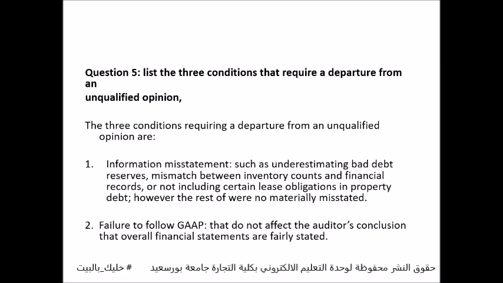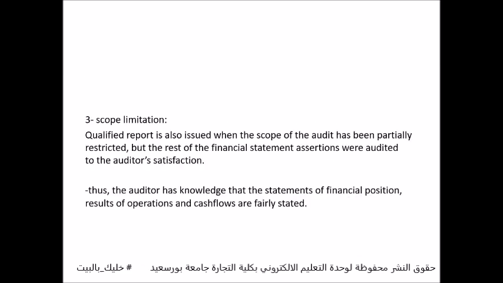Number 2, failure to follow GAAP, that doesn't affect the auditor's conclusion that the overall financial statements are fairly stated. Number 3, scope limitation.